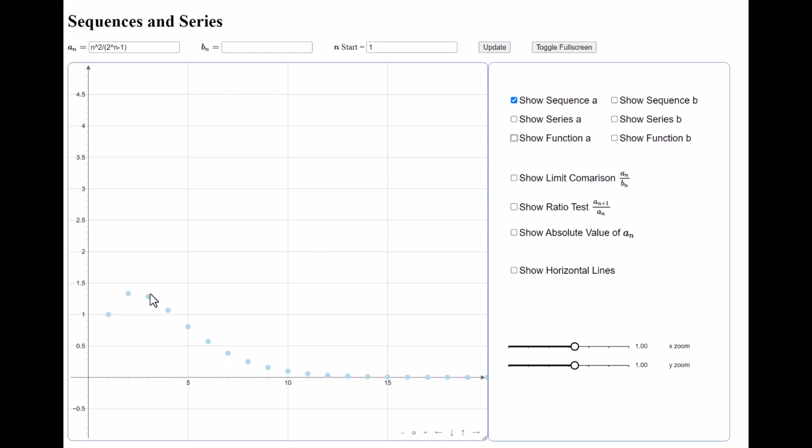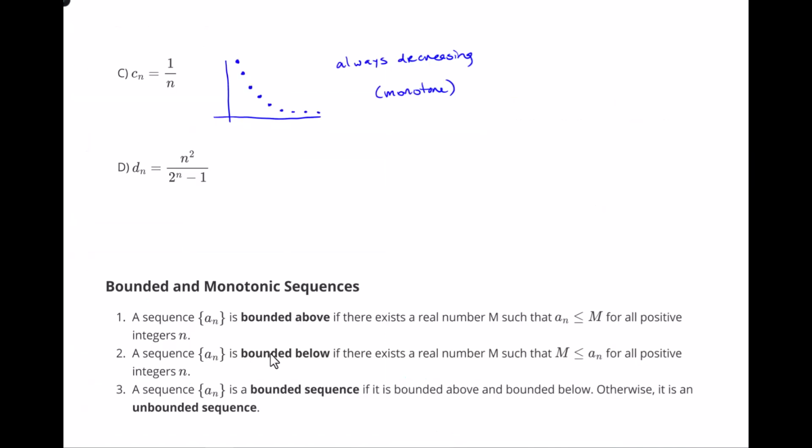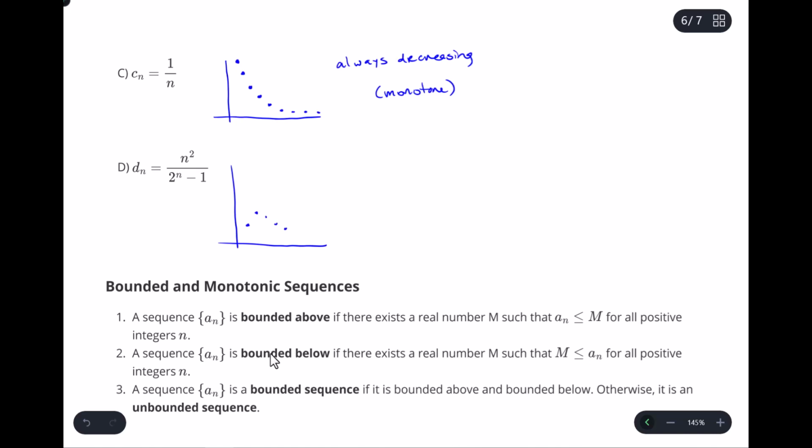But the thing is, it's monotone if you cut off the first so many points, which in this case, I suppose if we cut off the first point and the rest of the points are monotone, then we can call it monotone. So this pattern does work as a monotone sequence. Since our sequence had an initial point, then it went up, and then it started to decrease after that.